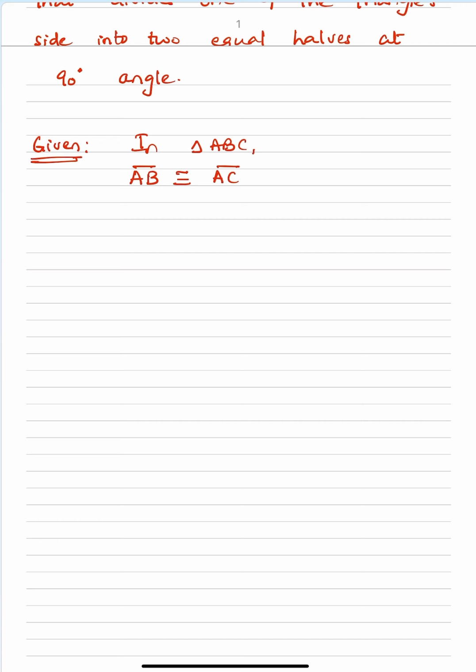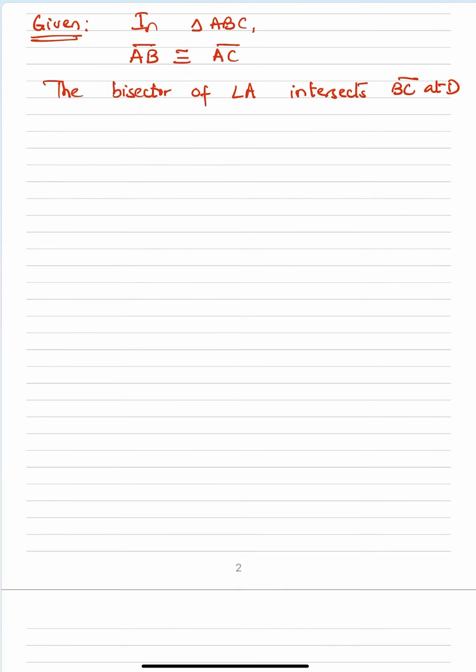Okay, and it is also given that the bisector of angle A intersects BC at D. This much is given to us. Now we have to prove that line segment AD is perpendicular to line segment BC.